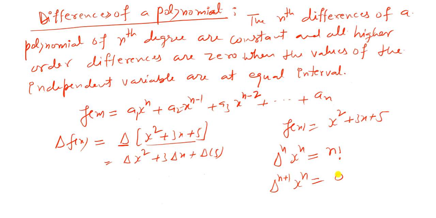So here Δx^2 means 2x, plus 3 times Δx, which is 1, plus 0. So this is equal to 2x + 3. This is the first order forward difference of the function f(x) = x^2 + 3x + 5.